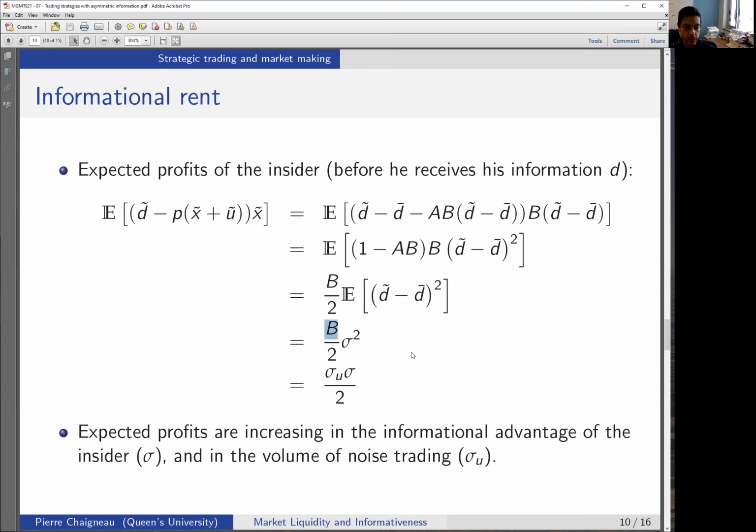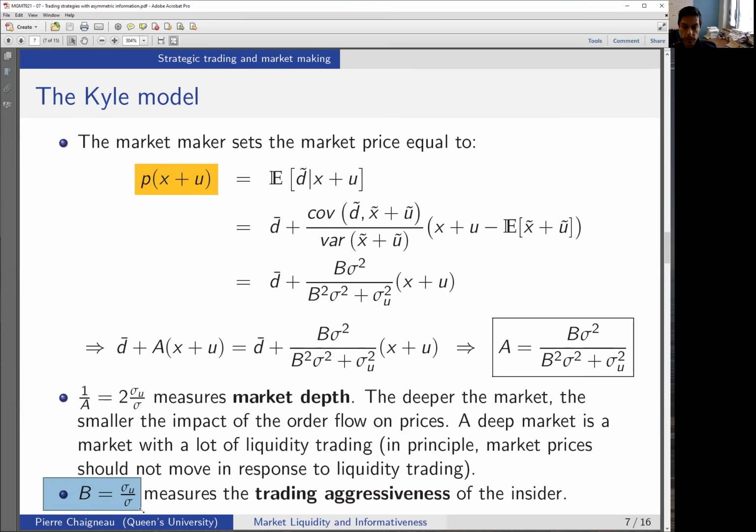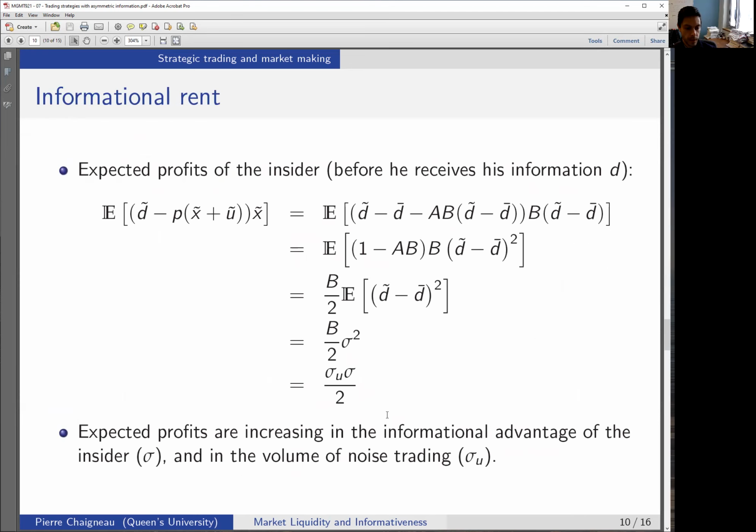Last, I'm going to use the expression for B. So what is B equal to? B is equal to this. And so replacing, I find that the expected profits of the insider are equal to this. And so this shows that you need two things for the insider to make positive profits.